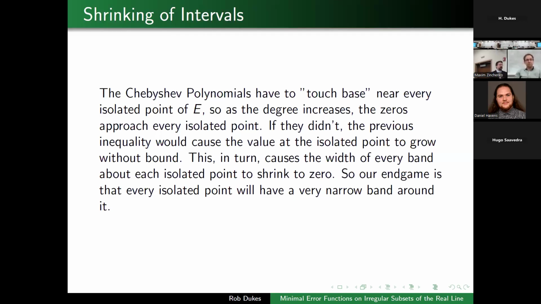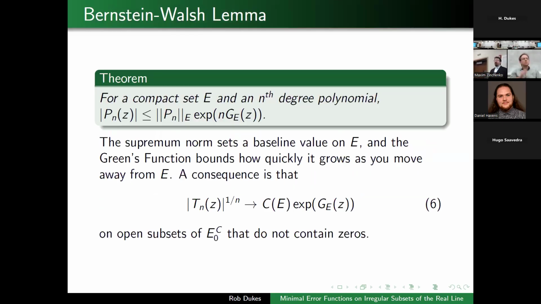If the value were very large at that isolated point, it would cause the supremum norm to get very large as well. So we have to say, well, it must have a zero near that isolated point because otherwise it would be too big there, and that previous inequality would cause it to get very large.